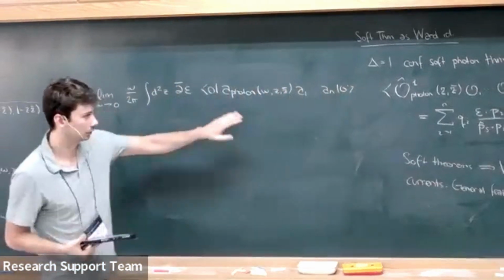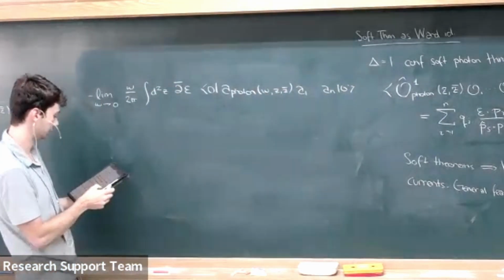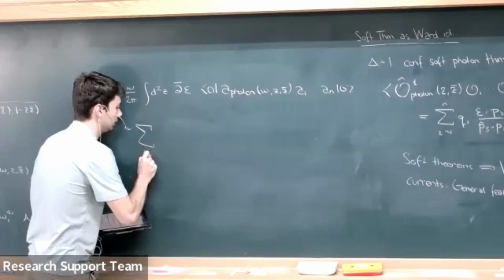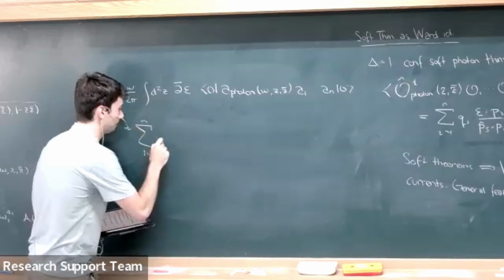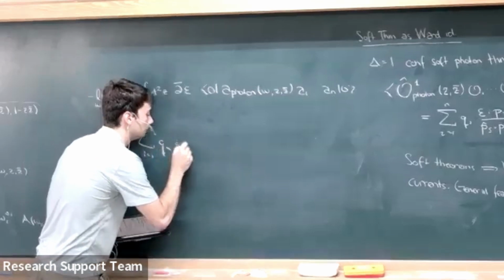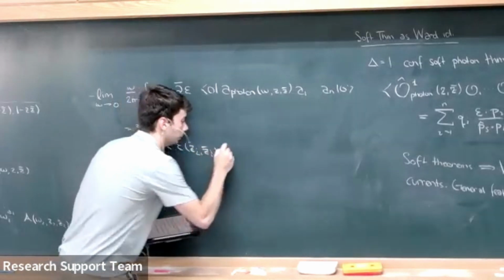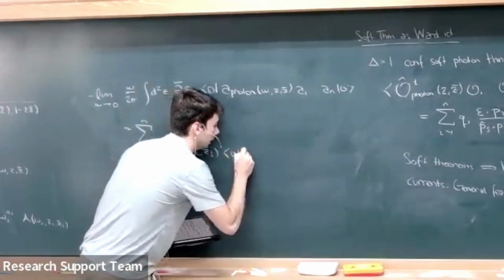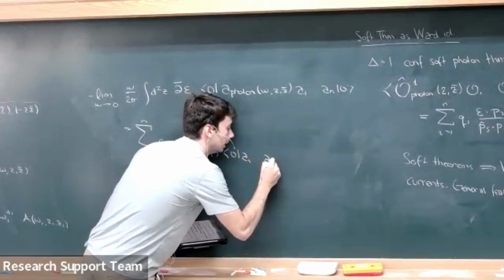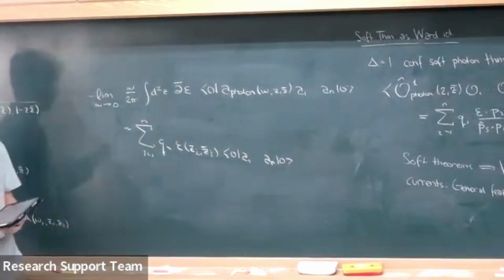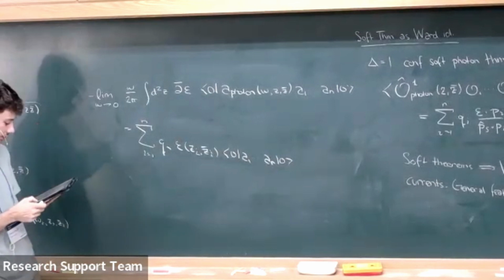Okay, so here's what that top line comes to, and the bottom line gives you a sum from i equals 1 to n of these charges multiplying again the function, which depends on the momenta of these annihilation operators. Okay, so here's what it looks like in momentum space.